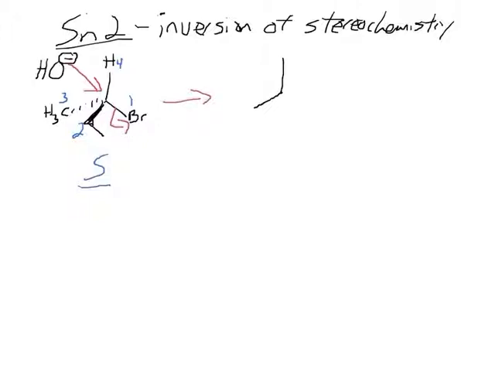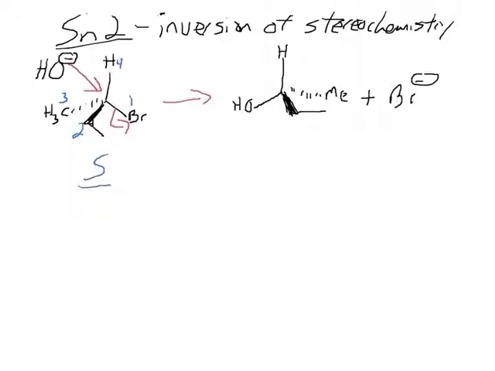So the bromine's gone, and let's say here forward is still the ethyl, and going back is still the methyl. And H is here, and now OH is here. Plus Br minus.